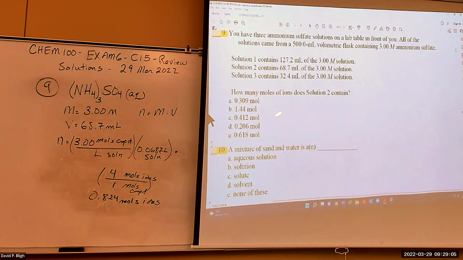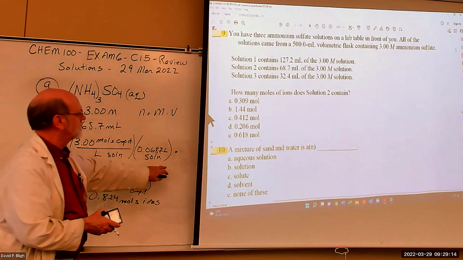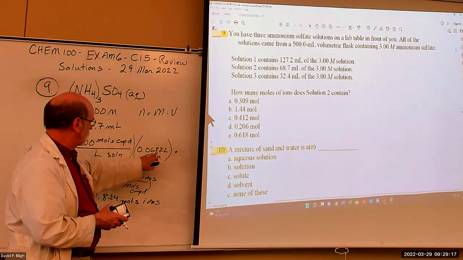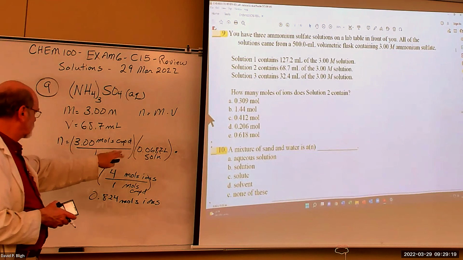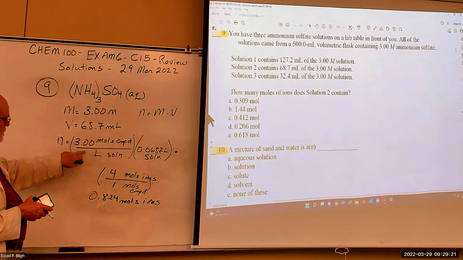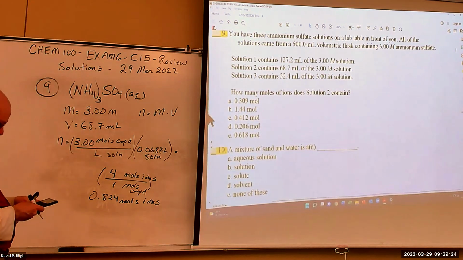Let's see, is it here? No, I did something wrong. Did I do this right? 68.7 mils, 1, 2, 3, that's right. That's liters. This is molarity. Do that again. And then times 4. No, I got 0.824. Why is it saying 0.618?